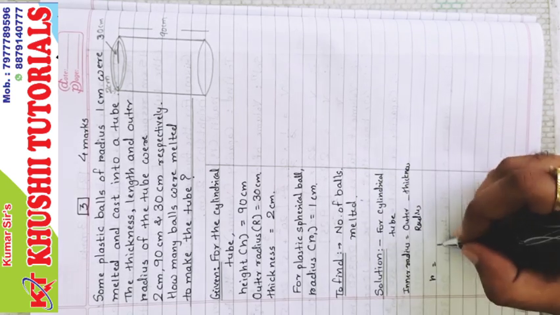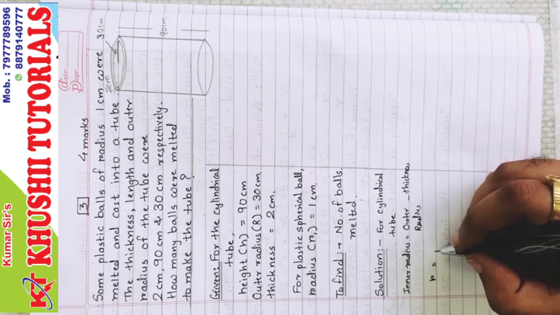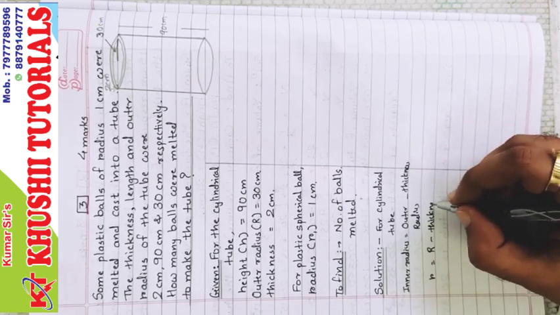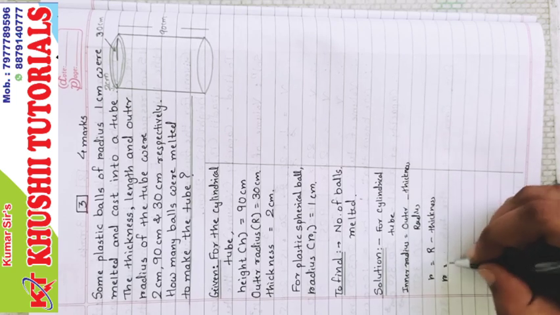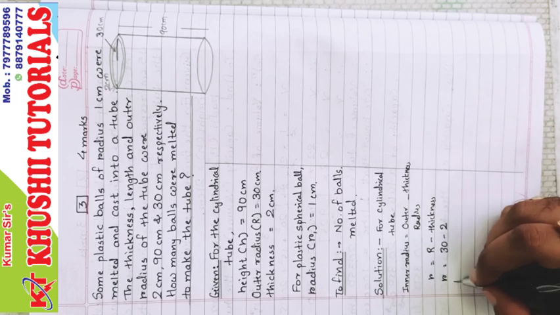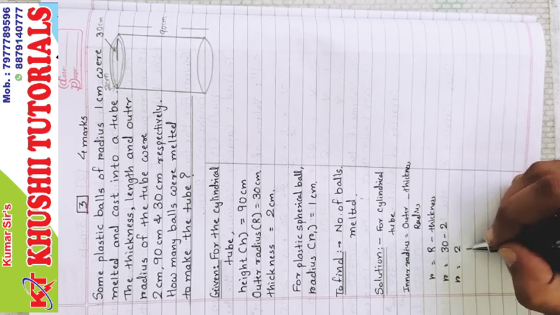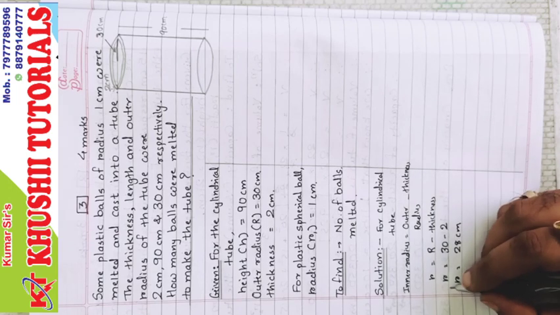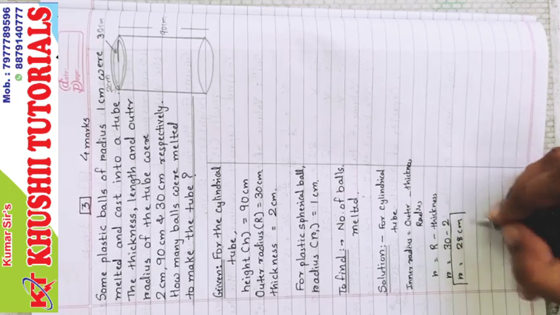Inner radius we will assume small r, outer radius capital R. Inner radius r, outer radius is 30 minus thickness is 2. So inner radius is 28 centimeter, that is inner radius.